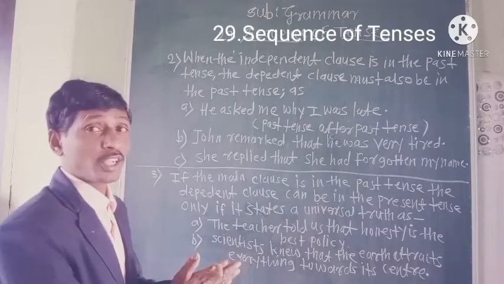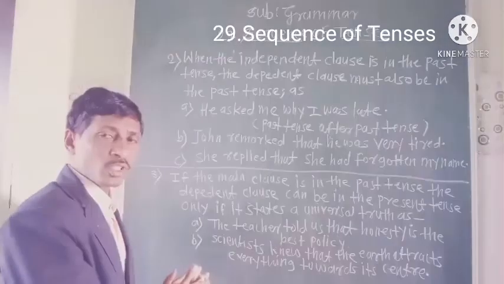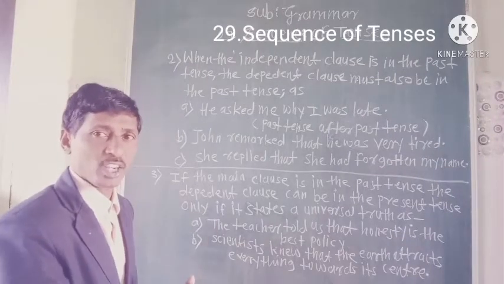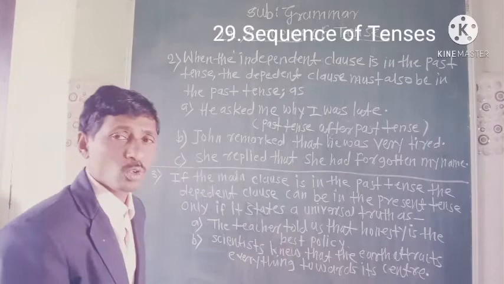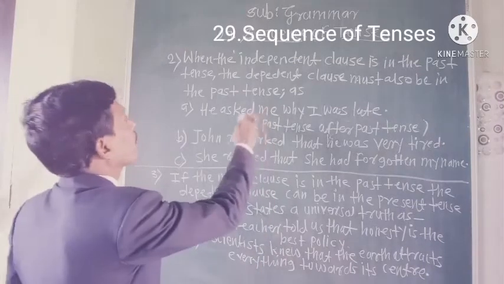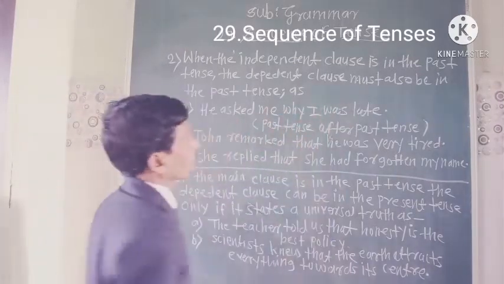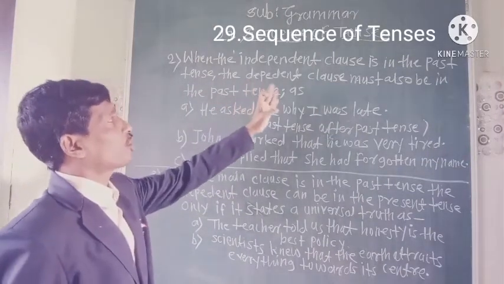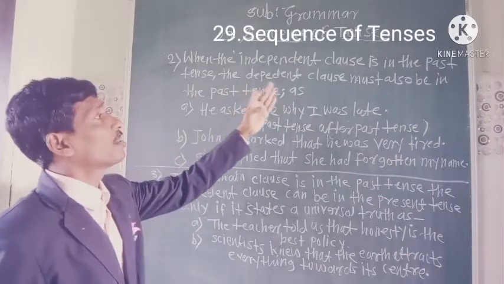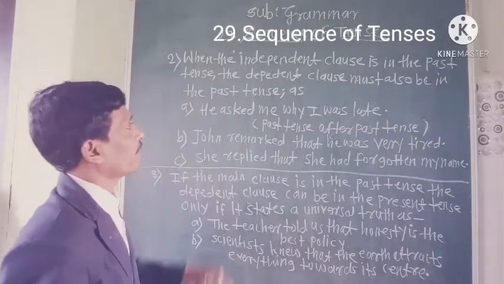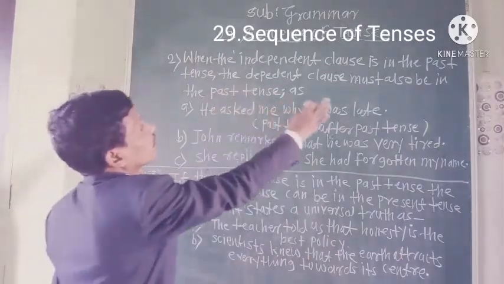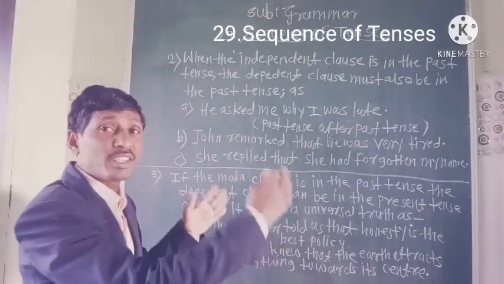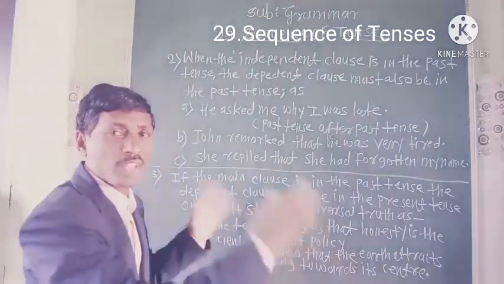Independent clause means principal clause or main clause, and subordinate clause means the dependent clause. So when the principal clause is in the past tense, the dependent clause must also be in the past tense, meaning both are in the past tense.